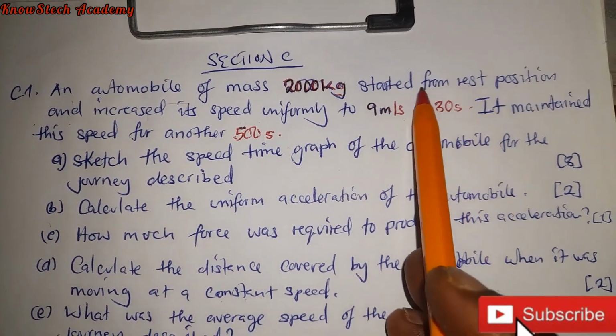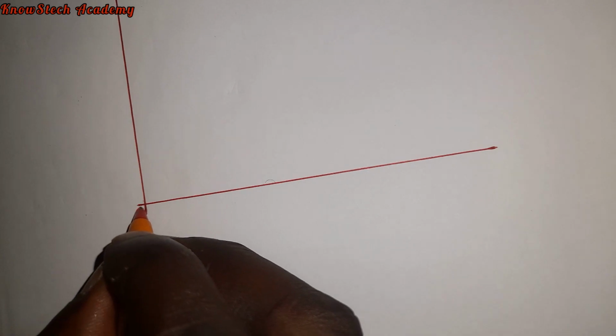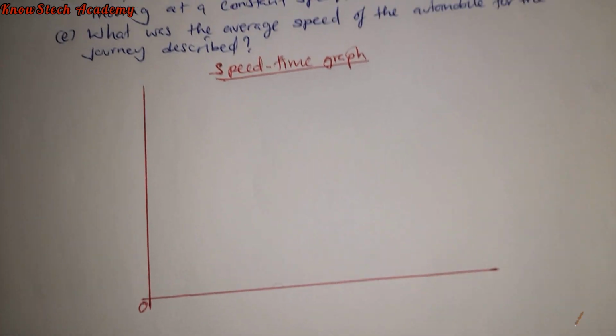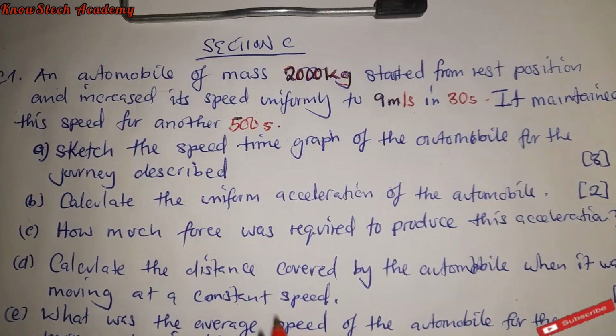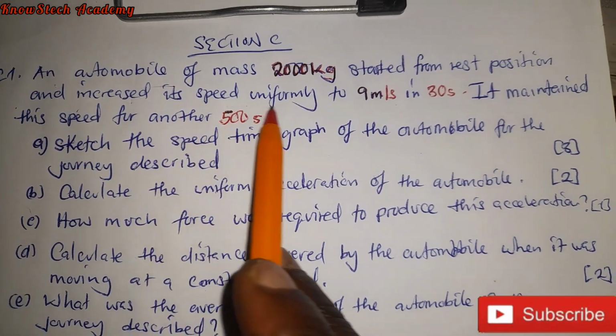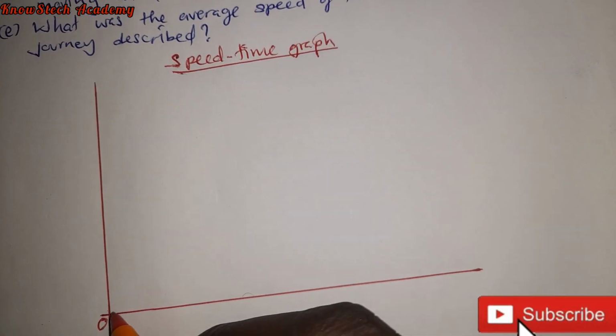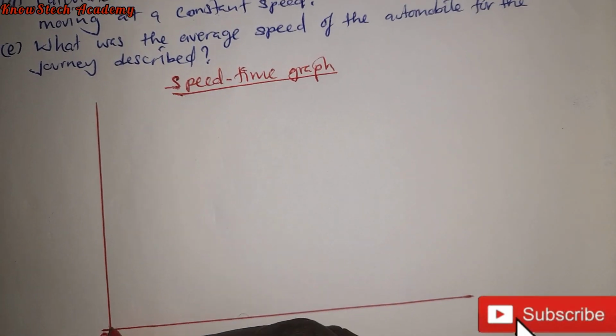A car starts from rest, it means initial position, which is here, 0. And it increased its speed uniformly. So when the speed is increasing uniformly, it means that is acceleration.